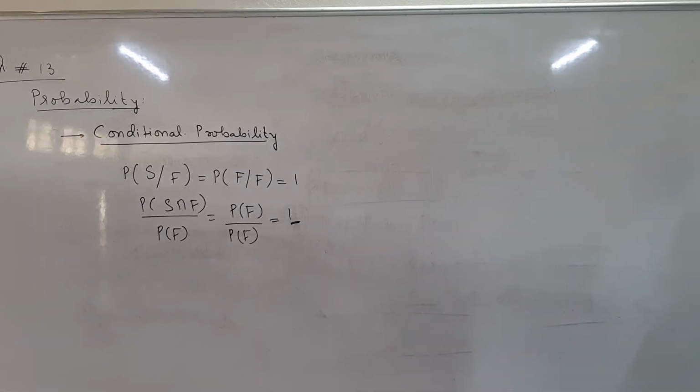Even if I operate P of F oblique F, probability of F given F will be a sure event, a certain event, and its probability is 1. Even if it is E given E, this would be the same.